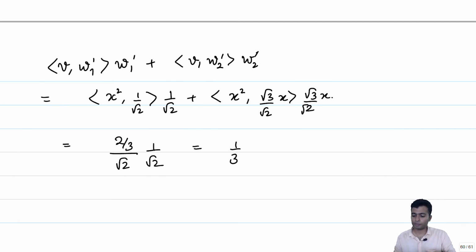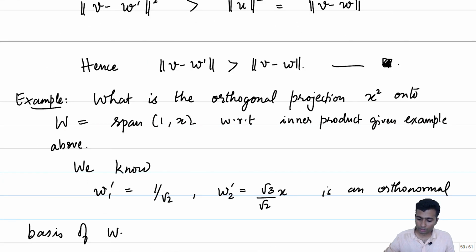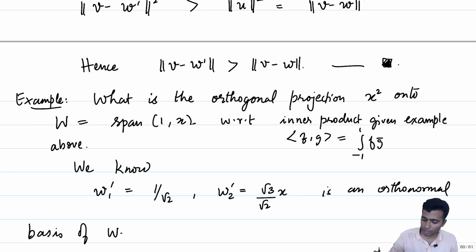Of course, this very much depends on the inner product that we had picked. Recall that the inner product of f comma g is the integral from minus 1 to 1 of f of x g bar of x dx. If we had changed the inner product, we would have got a different answer because the length changes. Of course, the vector which is closest should depend on the length. So, it changes with respect to what the inner product is.